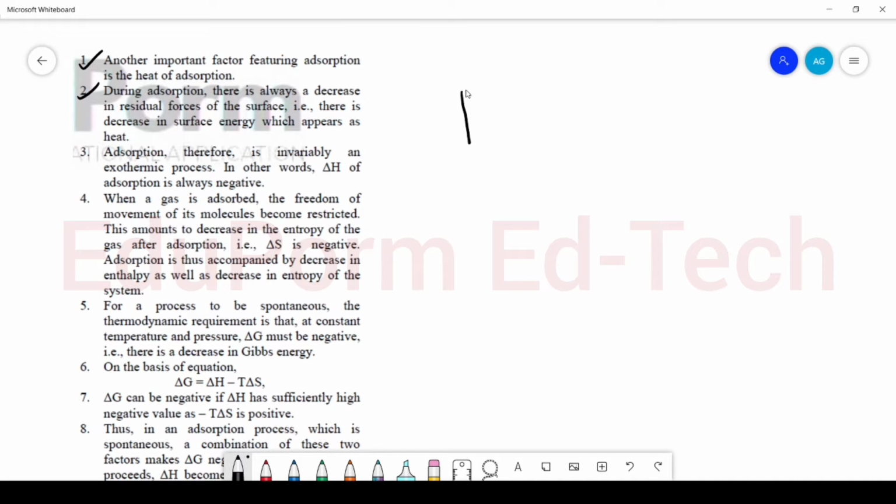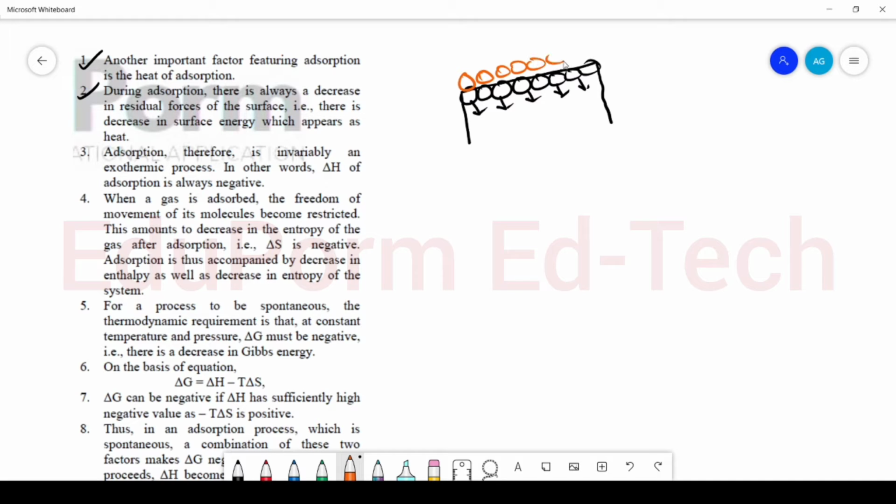In the mechanism of adsorption, we discussed that the molecules which are present on the surface experience a net downward force, and this net downward force decreases when adsorption occurs on the surface.